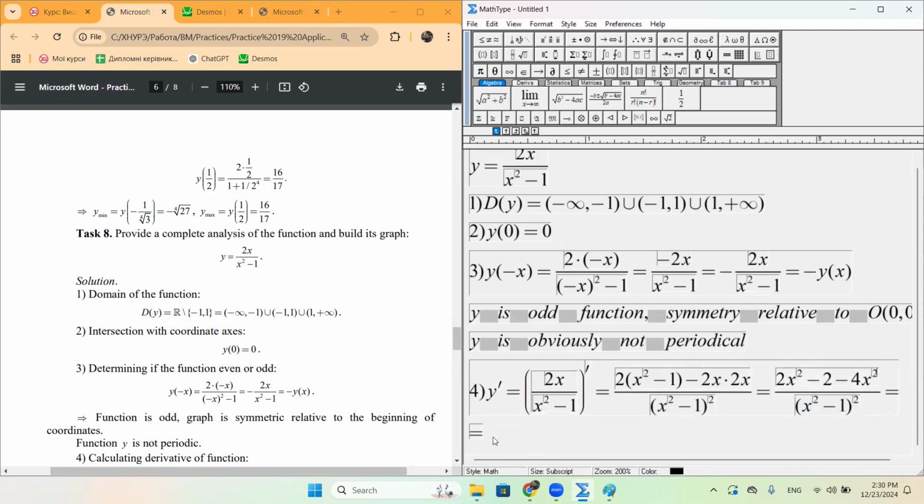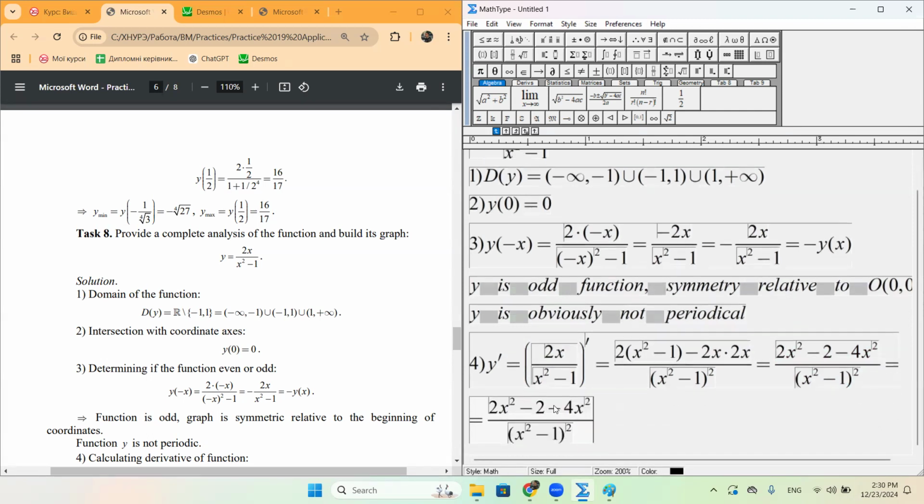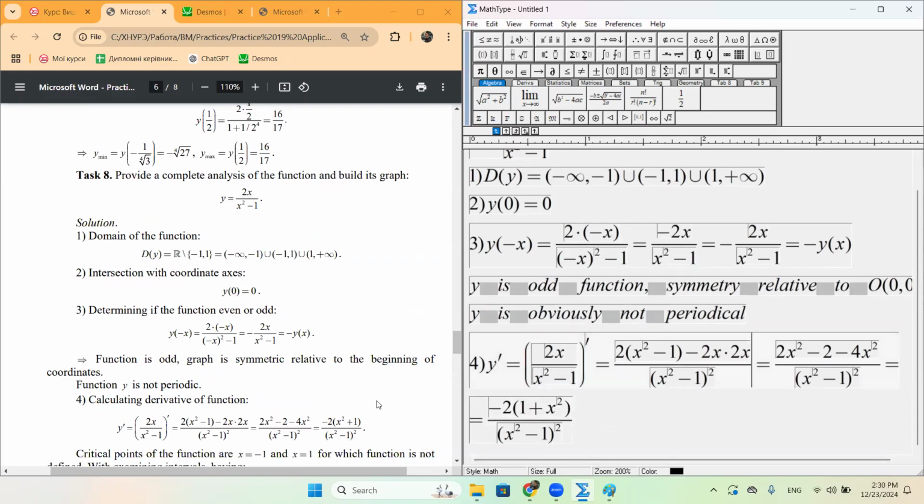And that's important. So minus 2 minus 2x in power of 2. And by the way, I can move 2 out of brackets. So 1 plus x in power of 2. So yeah, it's correct.